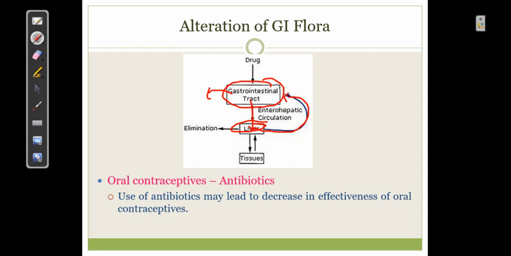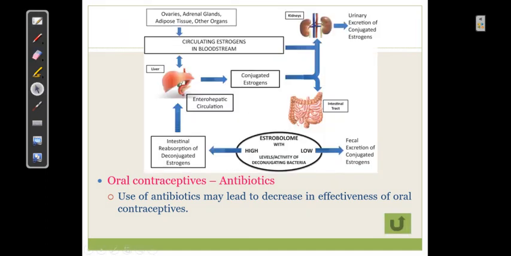So definitely, a very simple mechanism. Again I am showing an image here, where the enterohepatic circulation of the estrogen has been shown. You can see that this is very important. Here the estrogen is taken by the oral route, and the liver produces the conjugated estrogen, which via bile enters the intestine through enterohepatic circulation, and intestinal bacteria convert it again into the estrogen form.